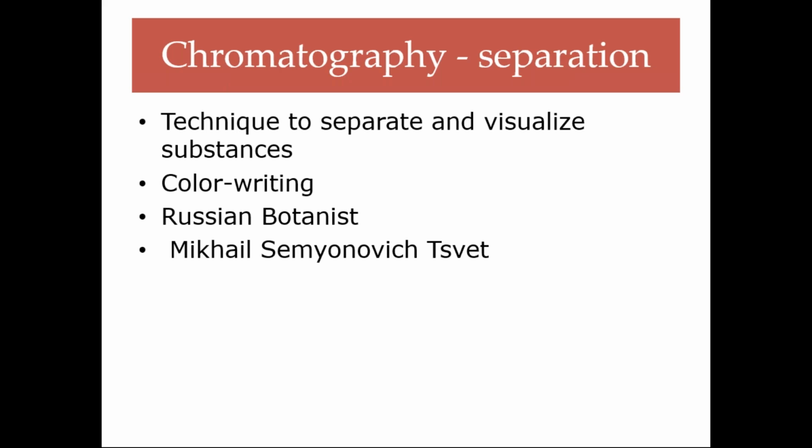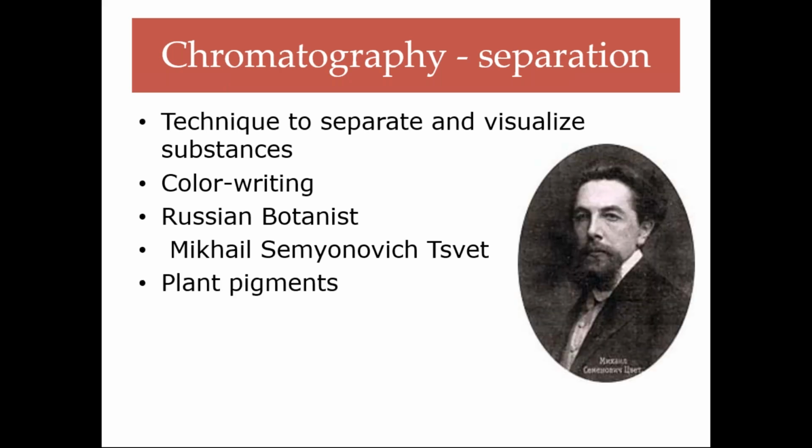His initial experiments dealt with plant pigments. He was trying to separate the plant pigments by using a column of chalk. Since the plant pigments were colored, they separated into different colors, and he called this color writing. So it was Mikhail Tsvet, a Russian botanist, who is the pioneer and discoverer of chromatography.